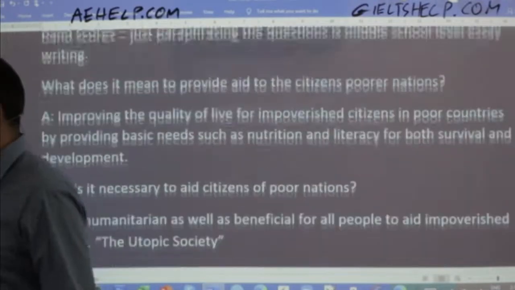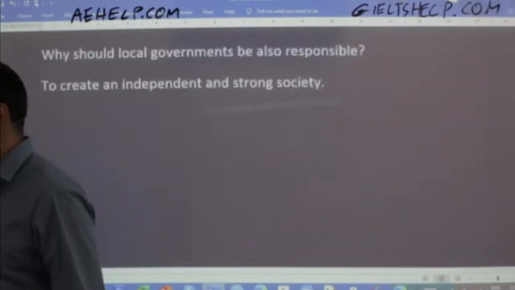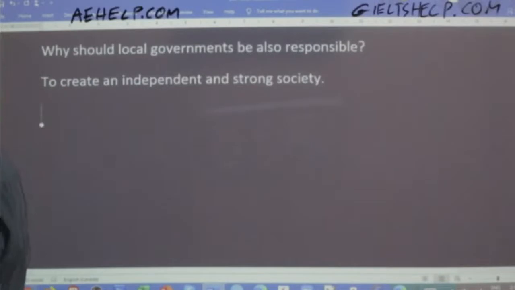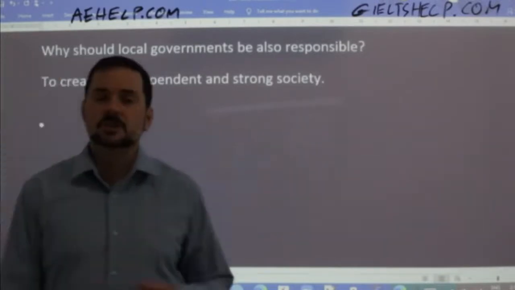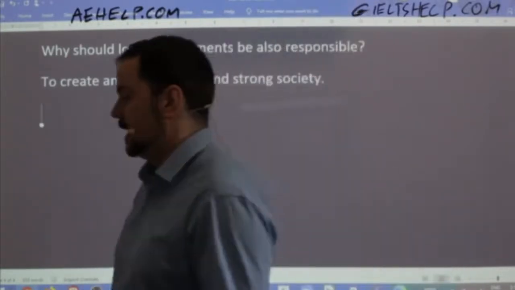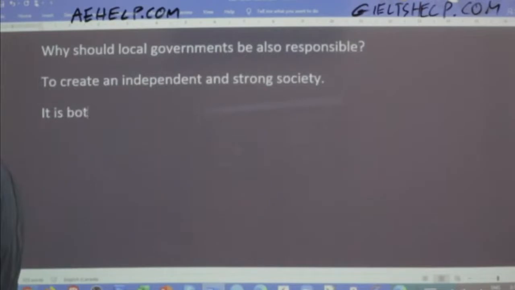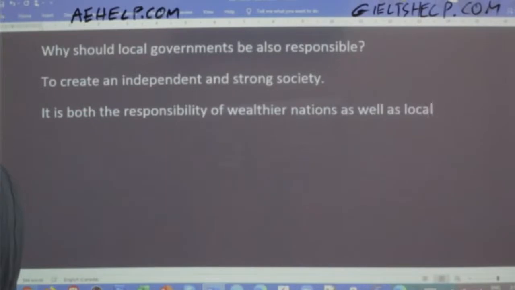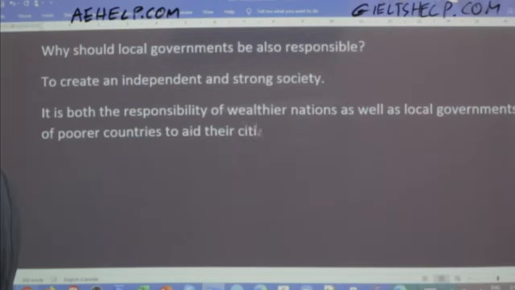So once I have this, I can now put together my thesis statement. And my thesis statement here, it's third person because there's no question about my opinion, and it is kind of objective, right? So it is both the responsibility of wealthier nations as well as local governments of poorer countries to aid their citizens.